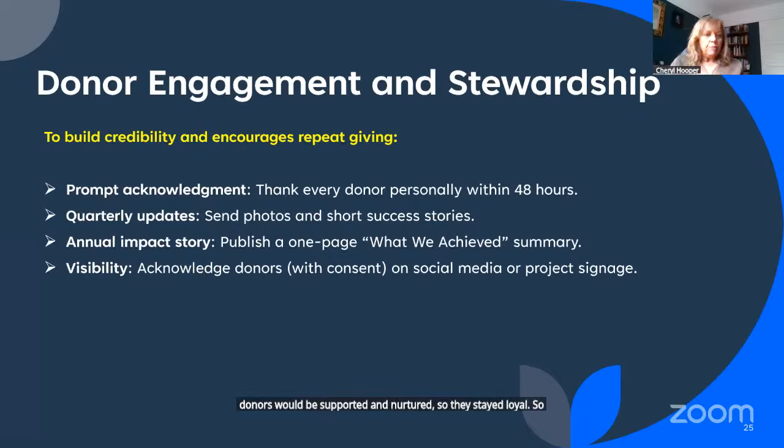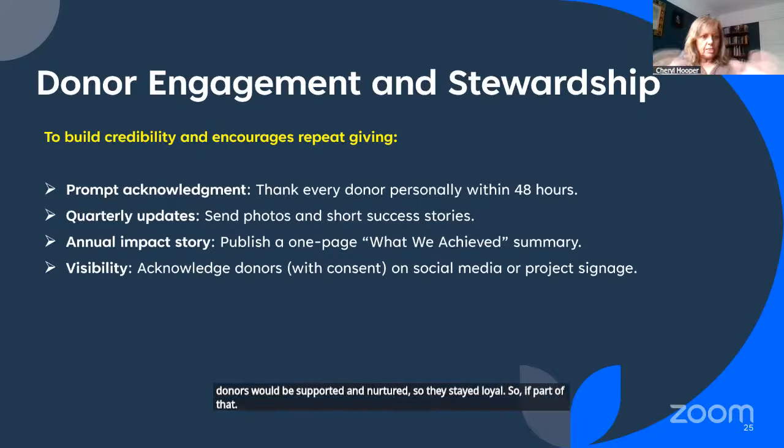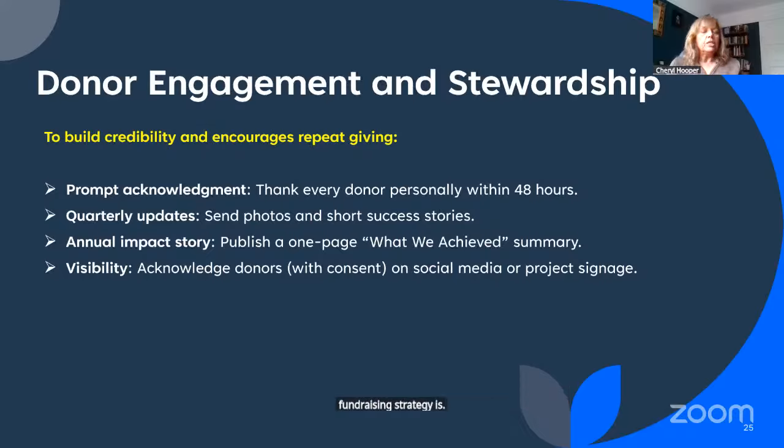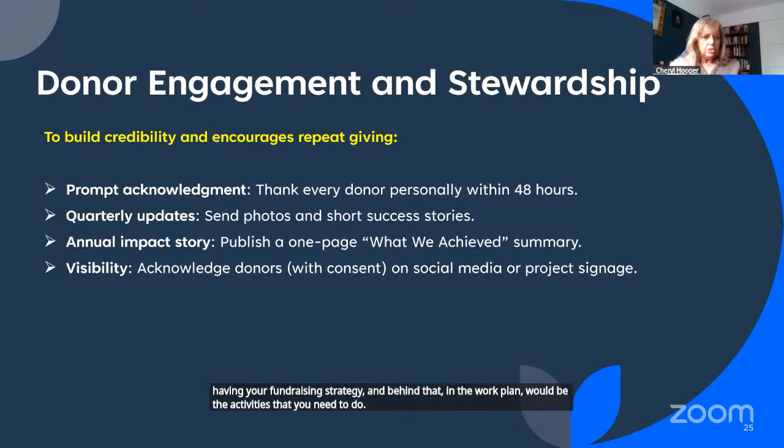So if part of that fundraising strategy is to increase donor engagement and to build loyalty, then these are the sorts of things that you would have in your fundraising strategy, and behind that in the work plan would be the activities that you need to do to achieve that.